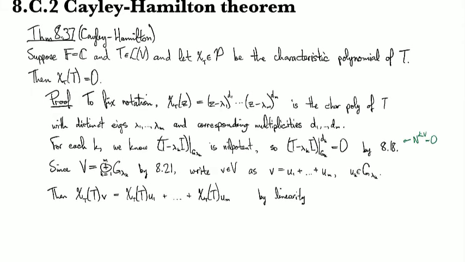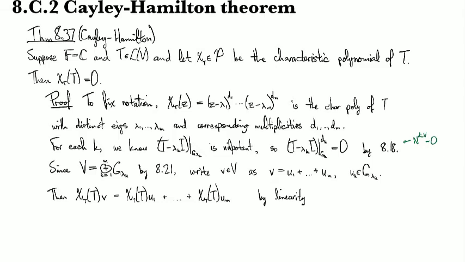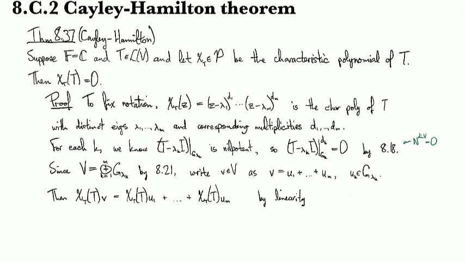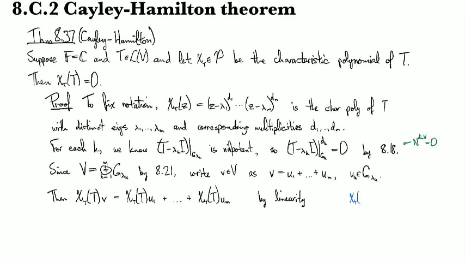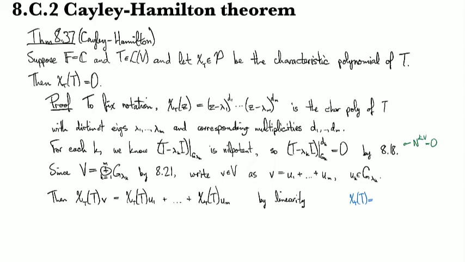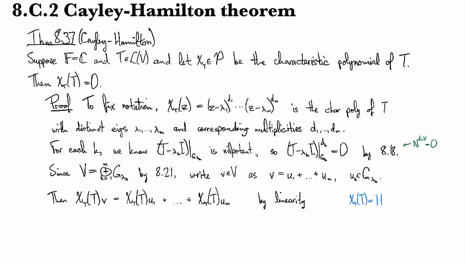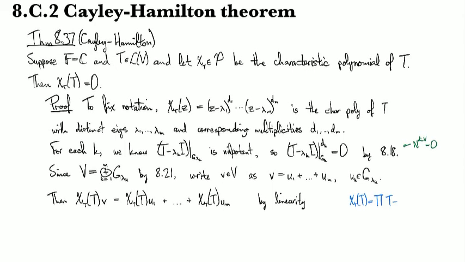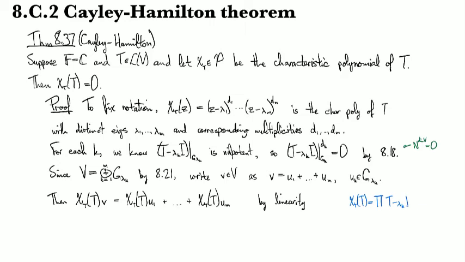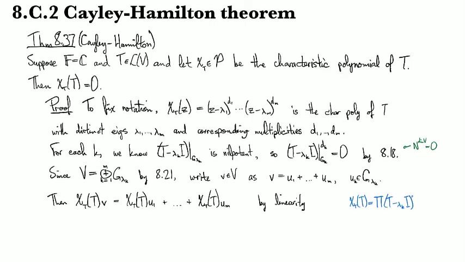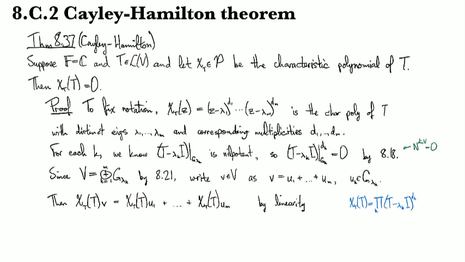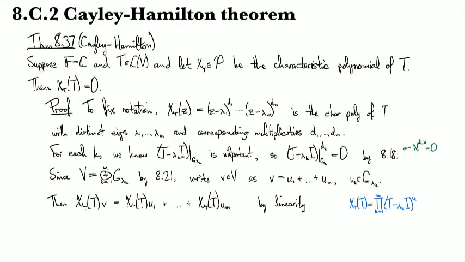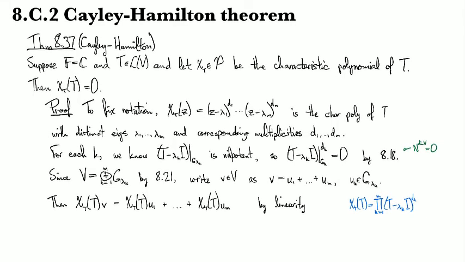And then I can rewrite. My operator χ_T looks like the product of (T − λk I)^dk, k equals 1 to m. So it's just a bunch of these factors, right?